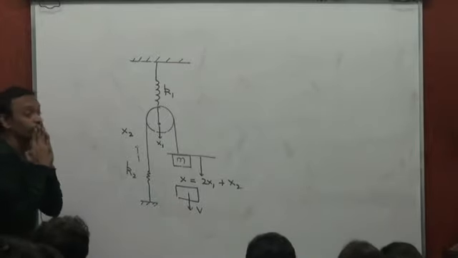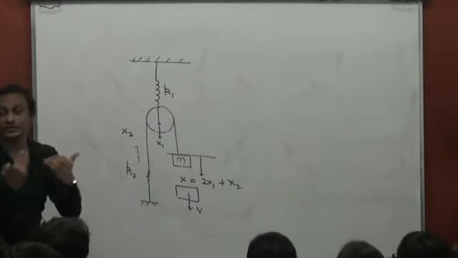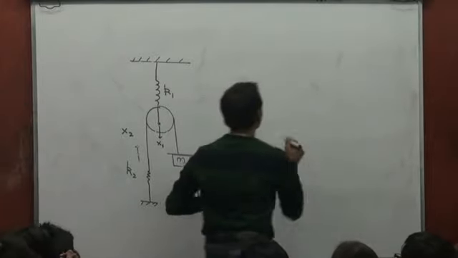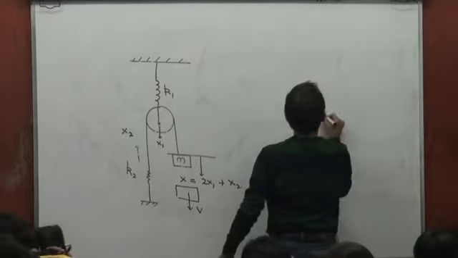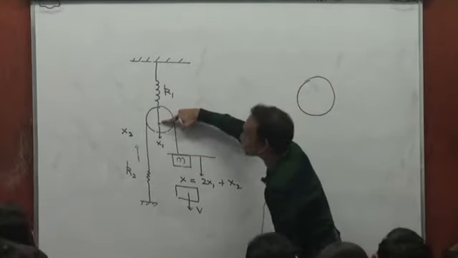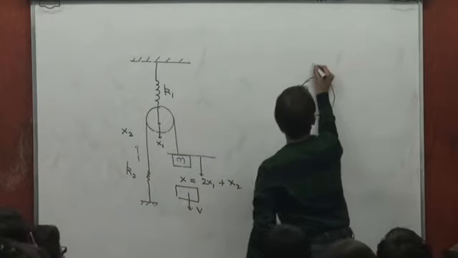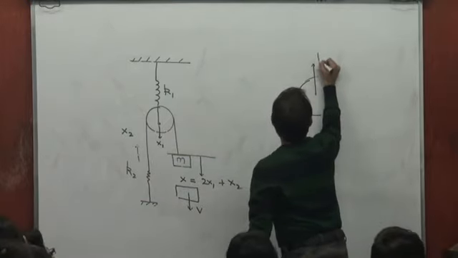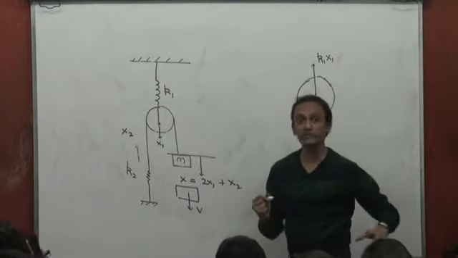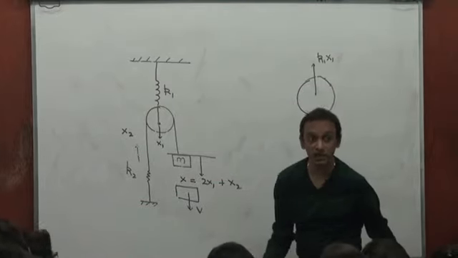Now, let's see if x1 and x2 are related. Look at the free body diagram of the pulley. This spring has got elongated by an amount x1. So, the spring will exert a force k1 x1 on this pulley, yes or no?